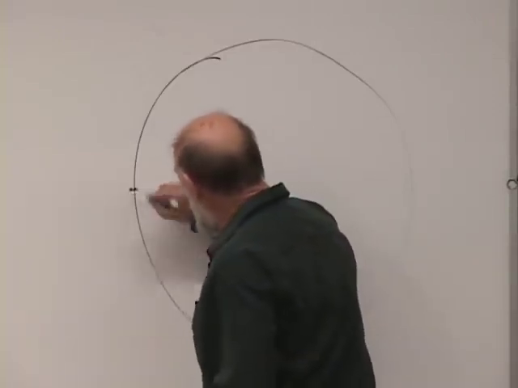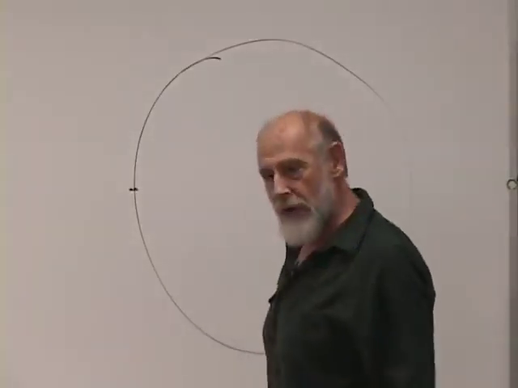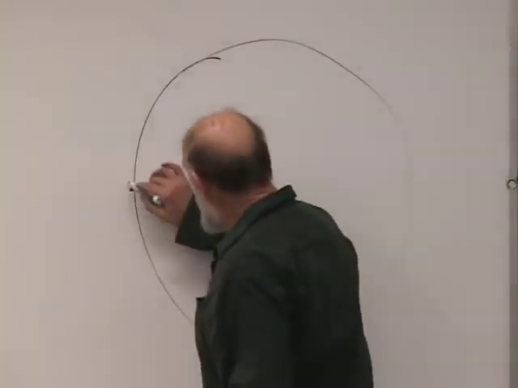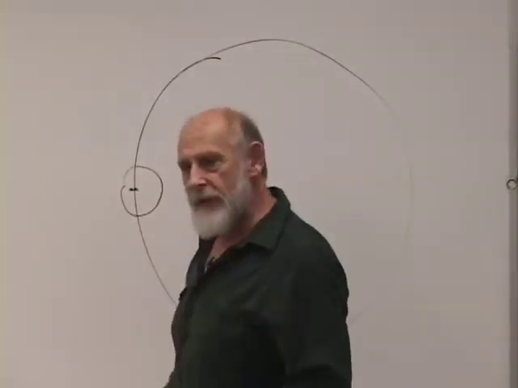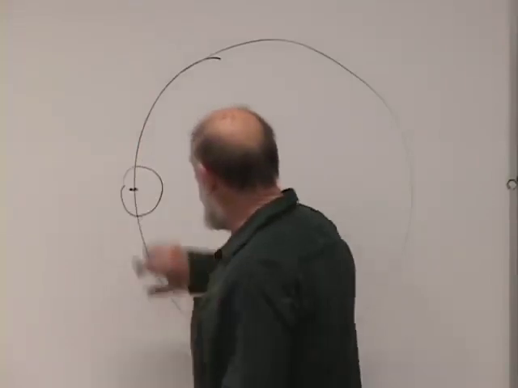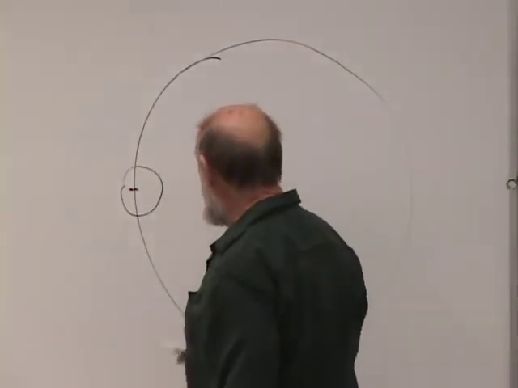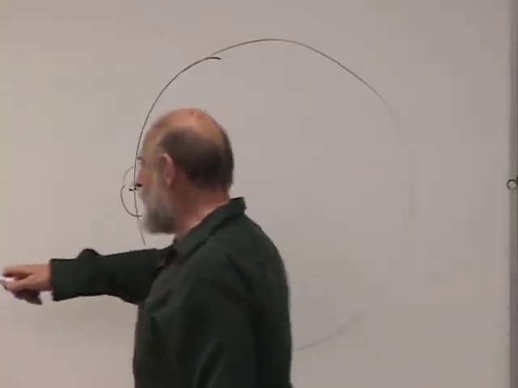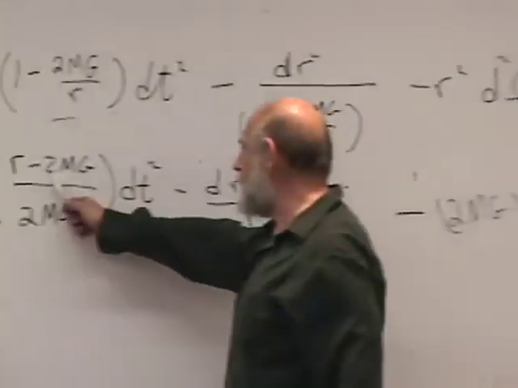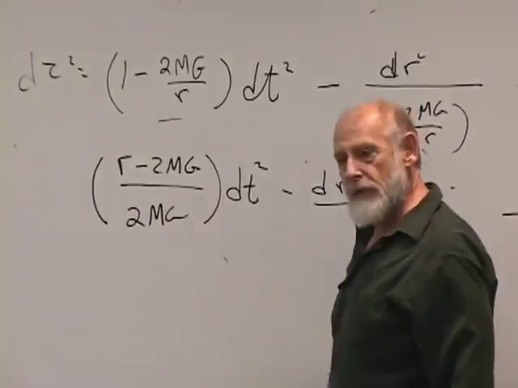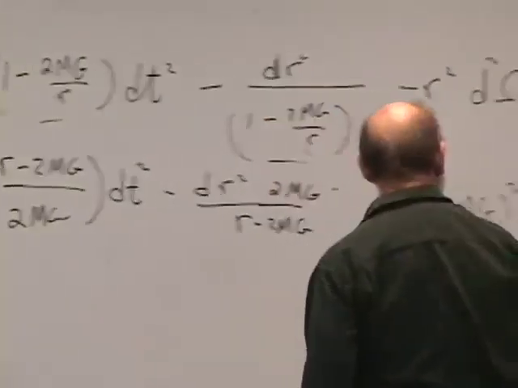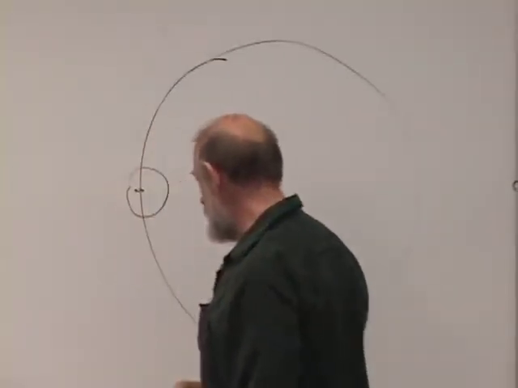But if they're moving a little bit in the vicinity of this horizon, and they simply want to blow it up, look at it under a microscope, and see what the horizon looks like. Okay? So, apart from the pieces where we have to keep the difference between r and 2mg, we've simply set r equal to 2mg.